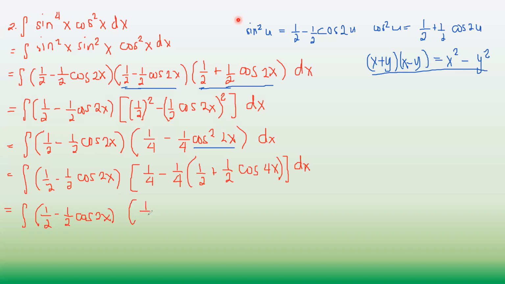So 1/4 negative 1/4 times 1/2 is negative 1/8. Multiply mo lang yung taas, 1. Yung baba, 4 times 2. So we have 1/8. Minus negative, positive. So 1/8 cosine of 4x. And then dx.